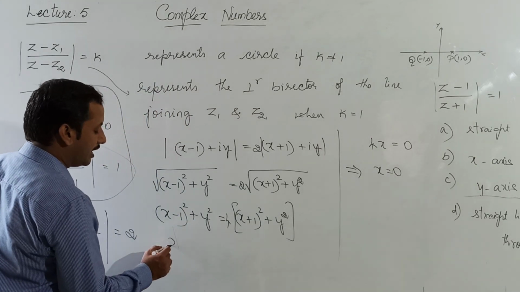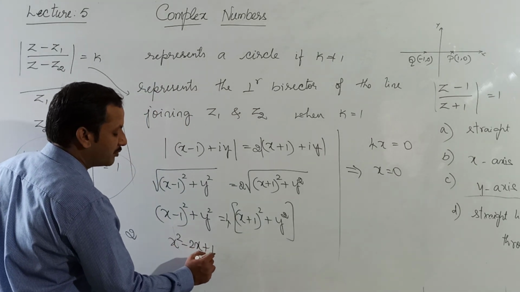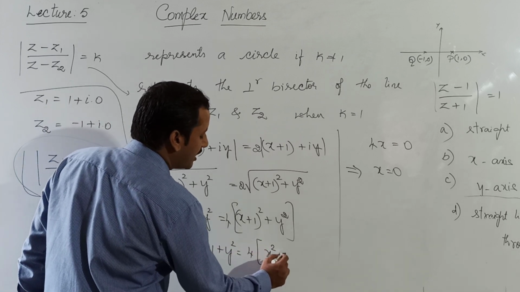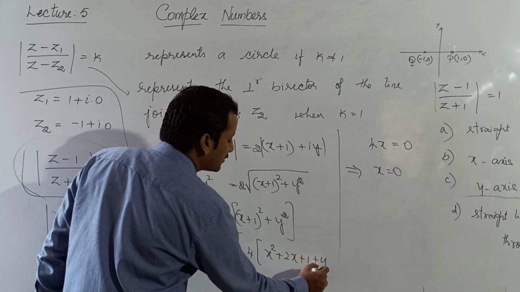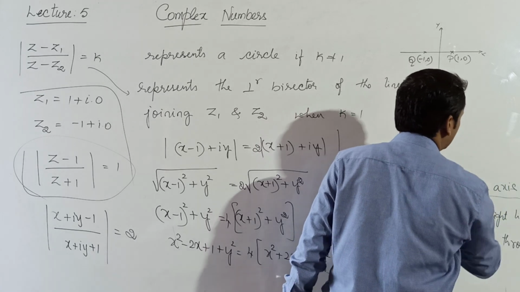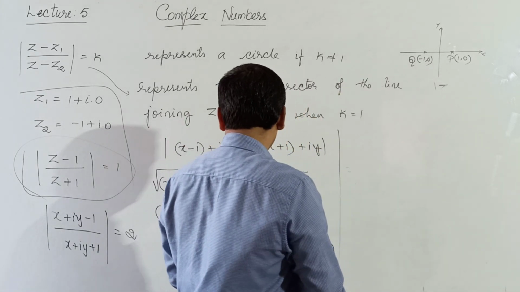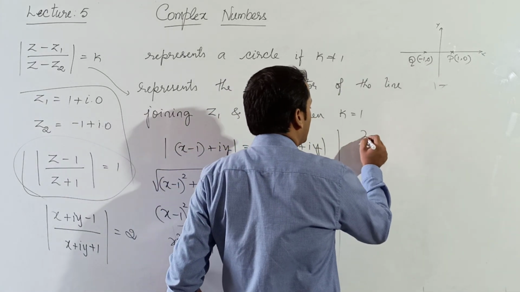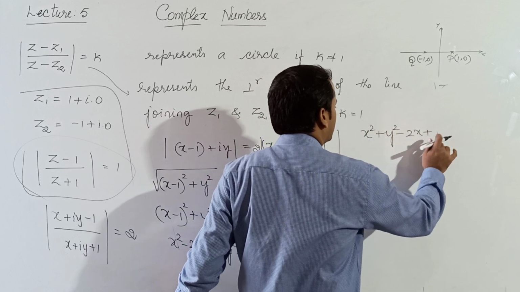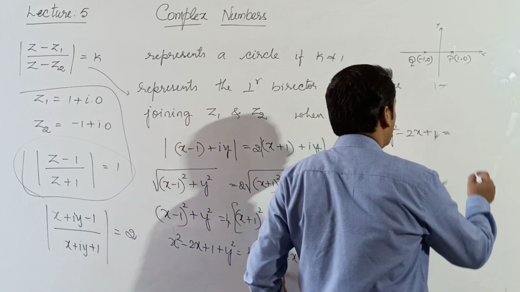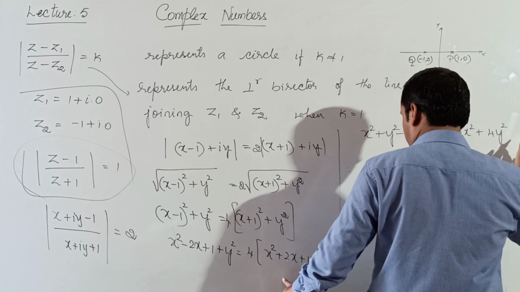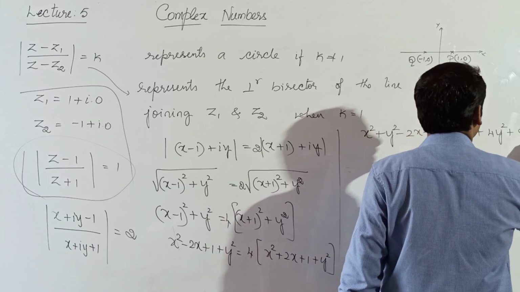On LHS we have x² - 2x + 1 + y². On RHS we have 4 into (x² + 2x + 1 + y²). Then x² + y² - 2x + 1 = 4x² + 4y² + 8x + 4.